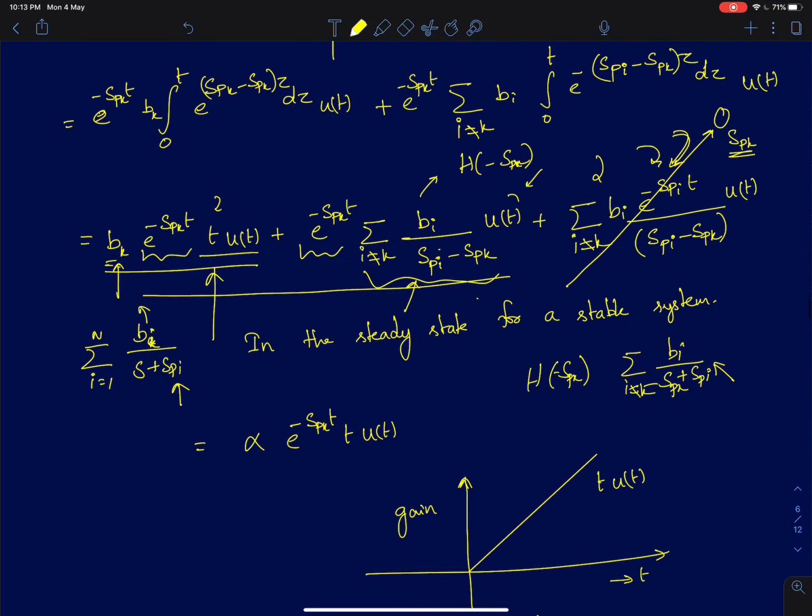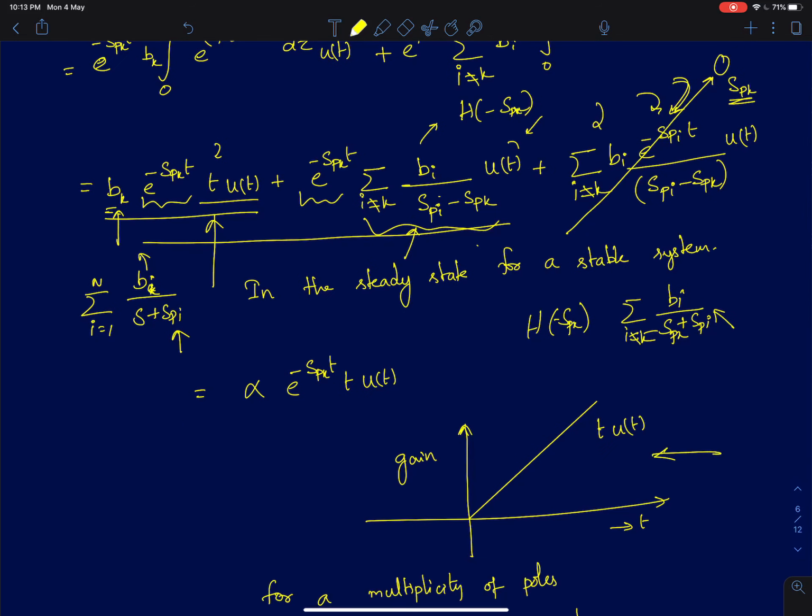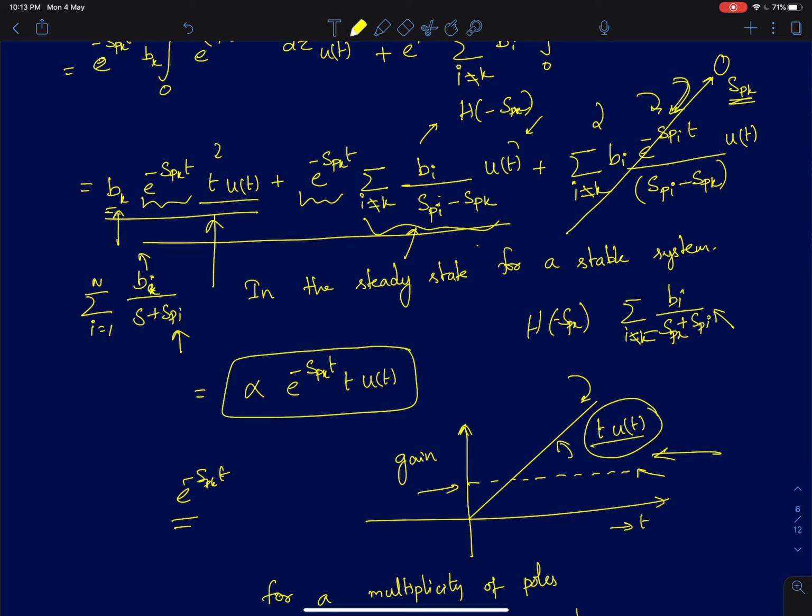I've shown it in the graph here: you have two functions, one is a constant, and the second one we are multiplying with t into u(t). The exponential is the same. We are multiplying e to the power minus s_pk t, one with a constant, the other with this function. In the steady state, of course, t into u(t) is going to be significantly larger than the constant, so we can ignore the constant term and we are reduced to an expression like this.